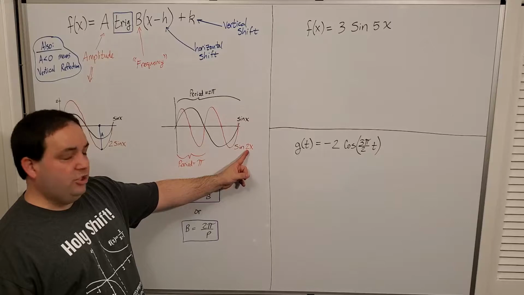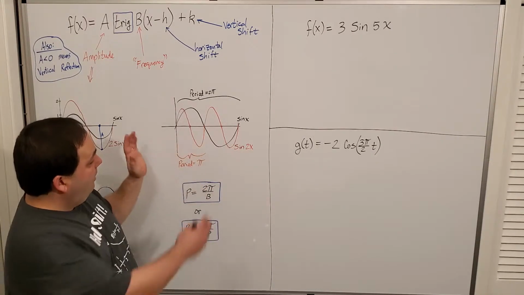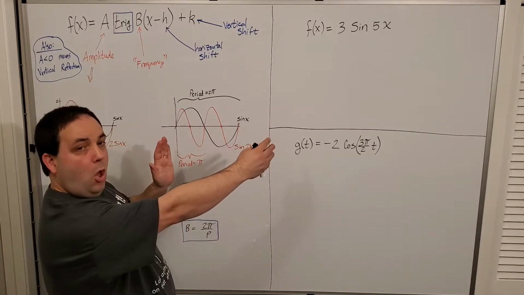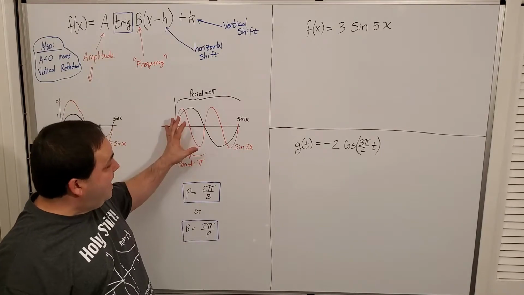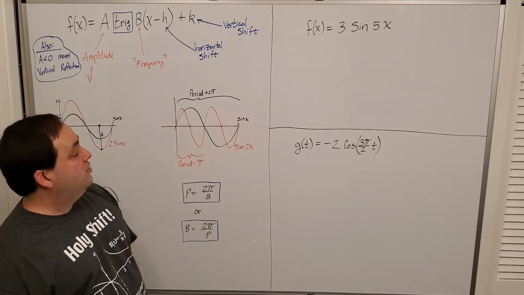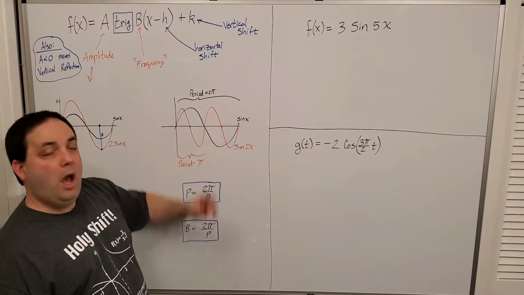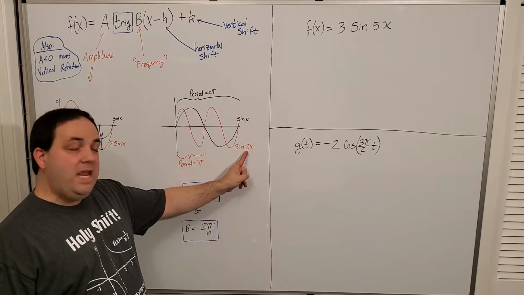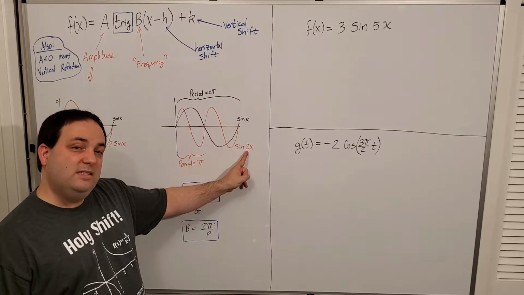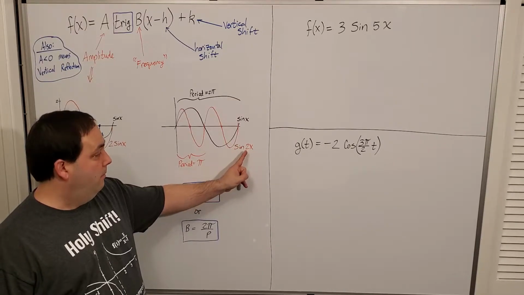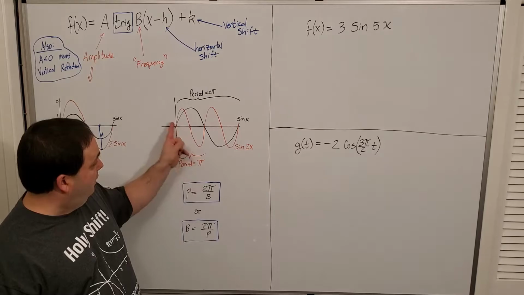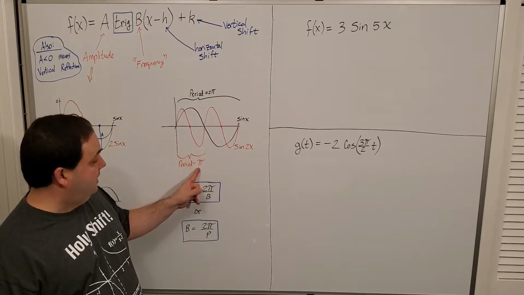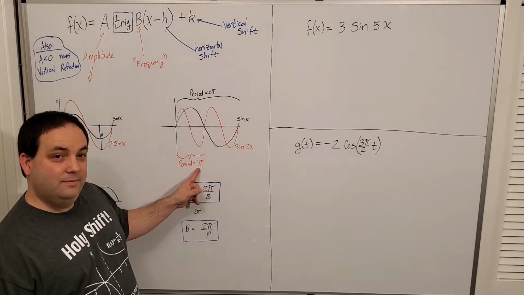Okay? If I'm putting 2 of these waves in, for example, I'm not going to have one short one and one long one. They have to be equally sized. So basically I'm taking the 2 pi and I'm making it into this many equal portions. In other words, I'm dividing it by 2. And notice the new period for the red graph here is exactly half of it at pi.